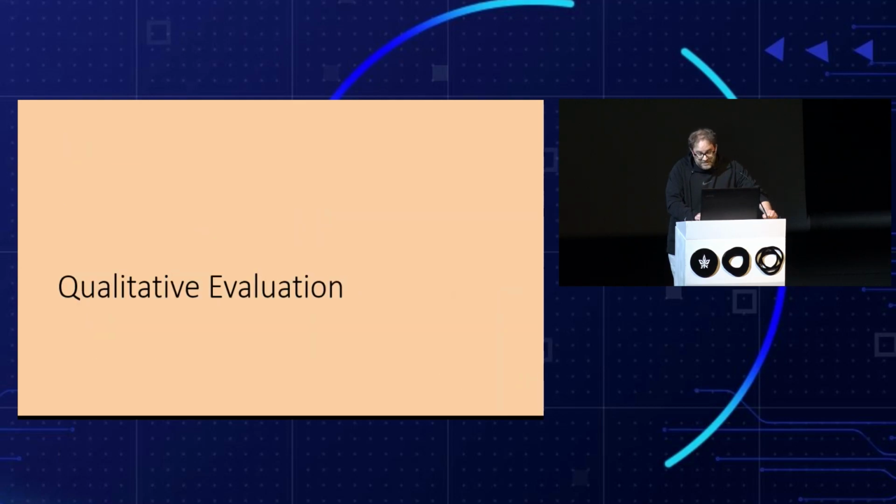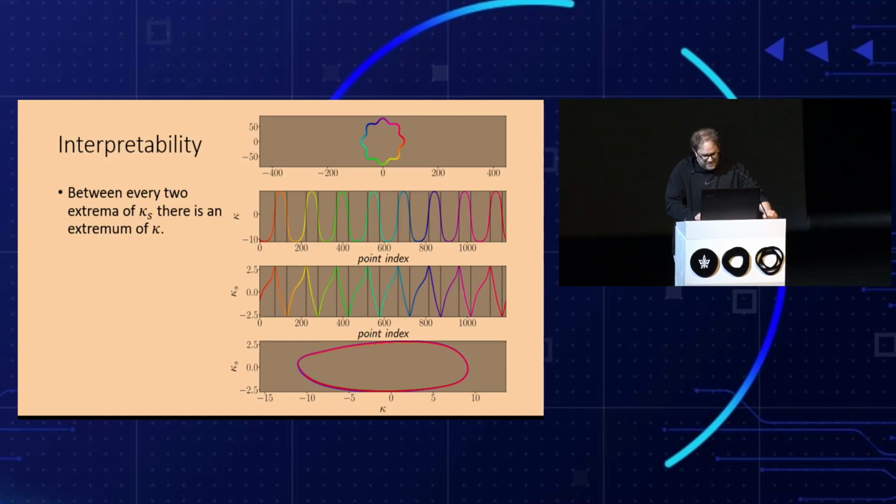After we train the network, we have a trained model and we evaluate it. I now show some qualitative evaluations of the model. At the top row here, we have an input curve, this colorful curve. The second row is the network approximation of the curvature, the affine curvature in this case, at each point.